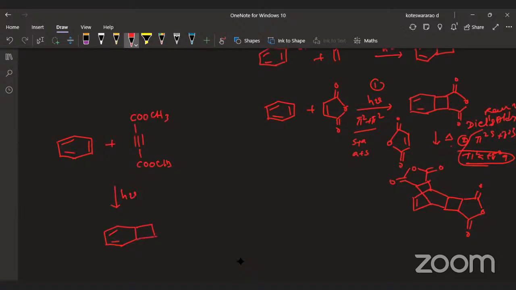Then it leads to the formation of an unsaturated cyclobutane fused system.